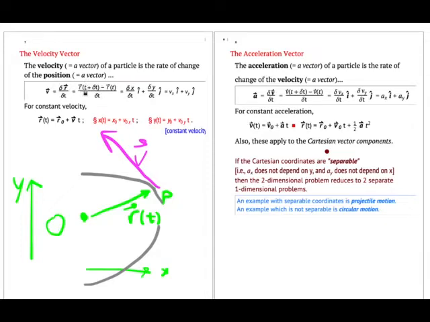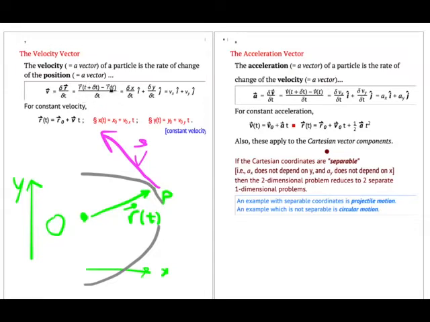So it's r at t plus delta t minus r at t, divided by the time over which that change occurs, delta t. Now, if delta t is a large number, then we call this the average velocity. But if delta t is a very small number, then this is the instantaneous velocity, instantaneously at the time t.